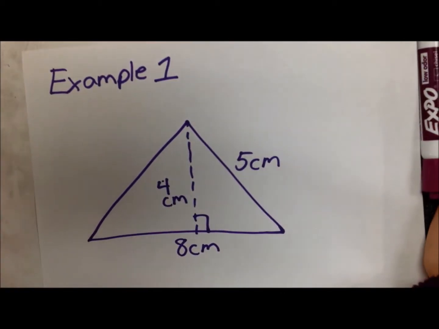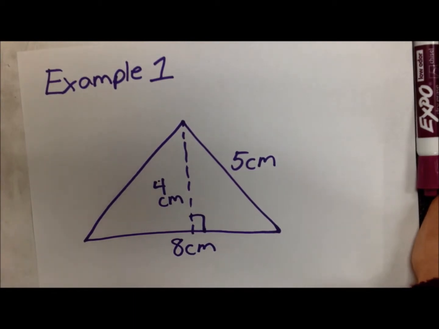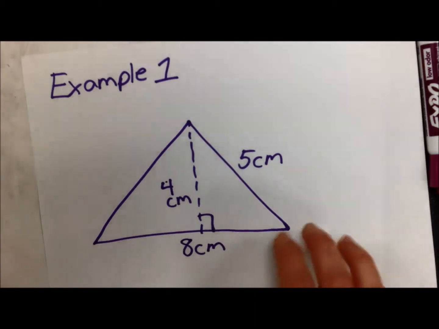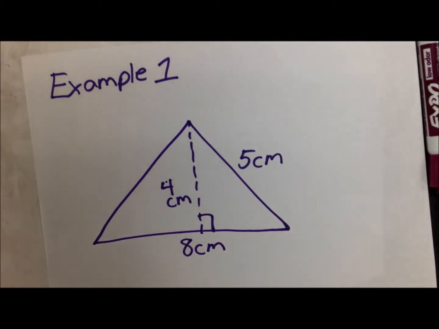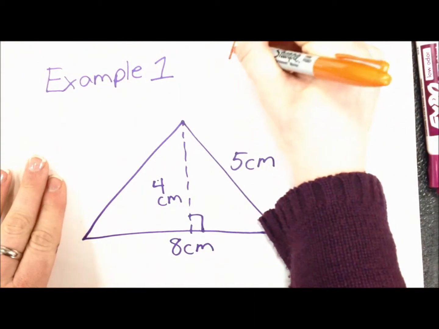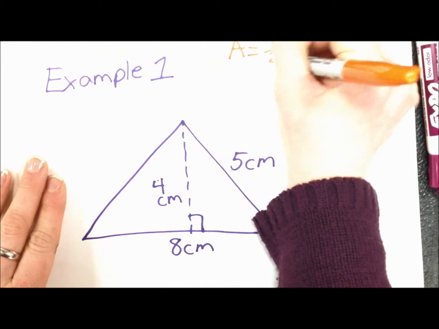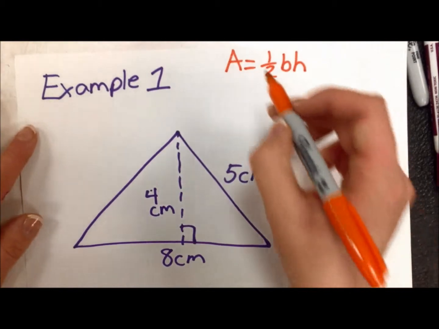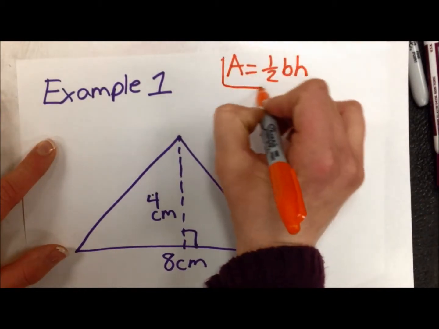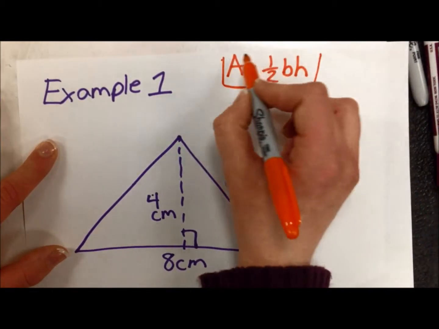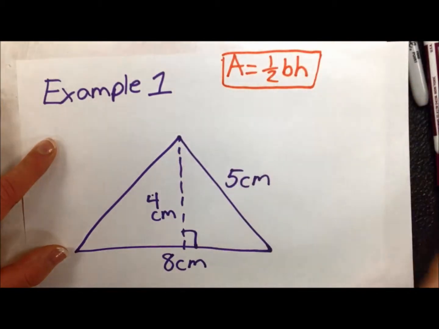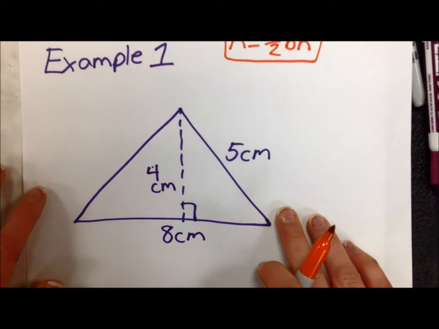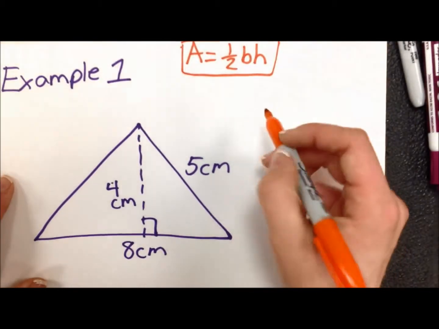So we're going to go right into example 1. As you can see, we have a triangle. And we remember that our formula is area is equal to 1/2 times the base times the height. You must have this formula in your notes. This is mandatory. Alright, so we're going to start off with looking at what we know.